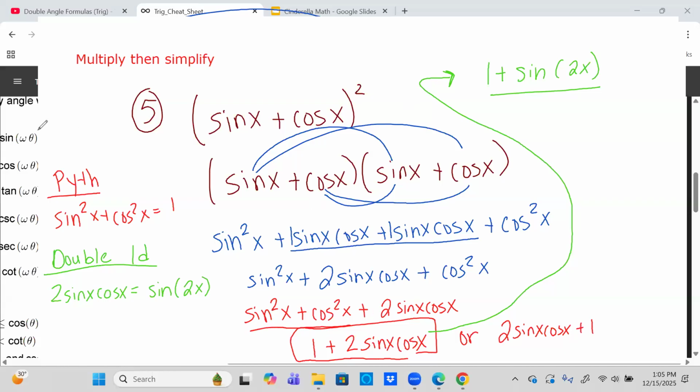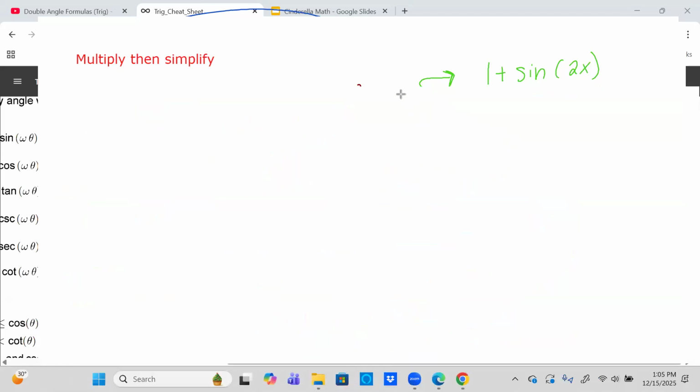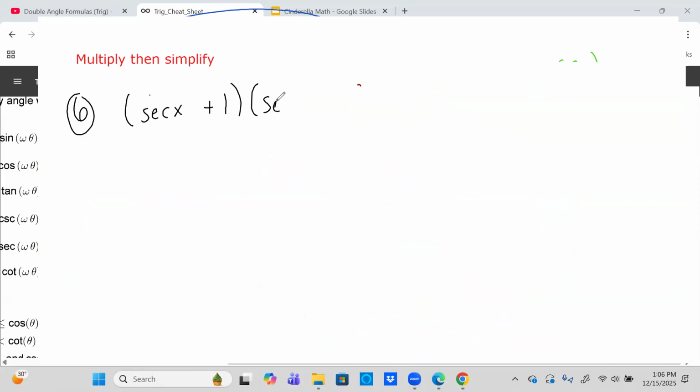All right, there's one more under this header of multiply, then simplify. This will be number 6. It is parenthesis secant x plus 1, parenthesis secant x minus 1.